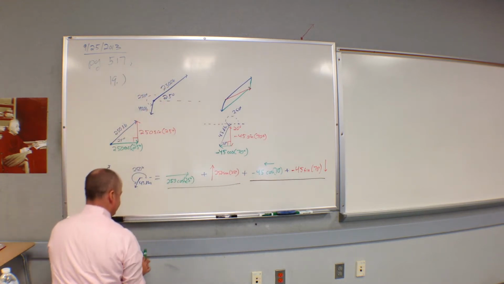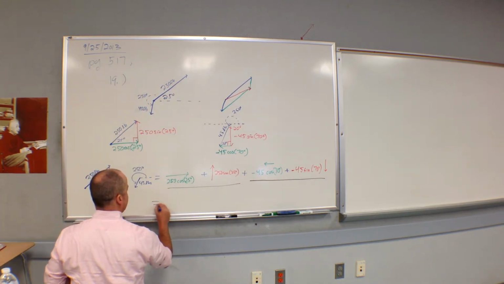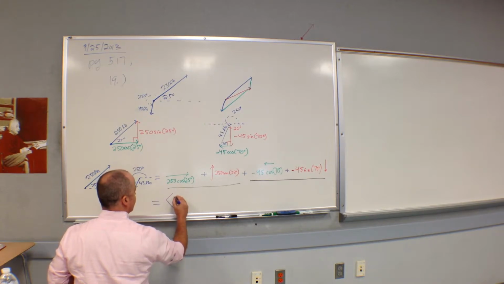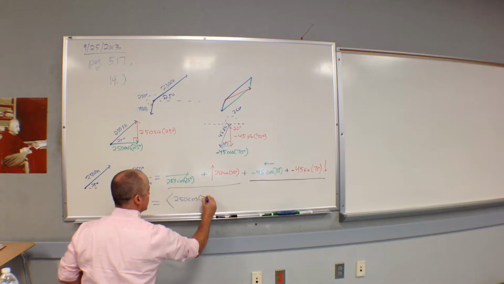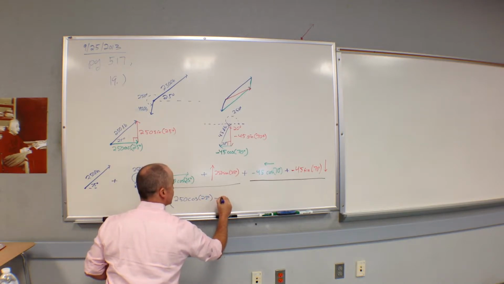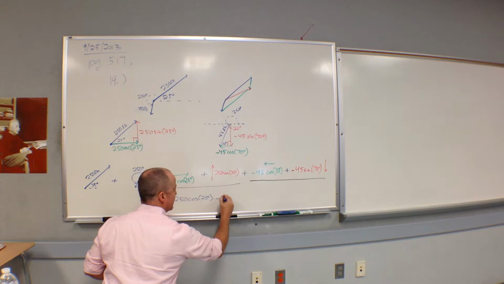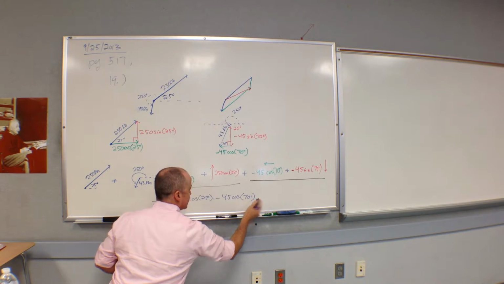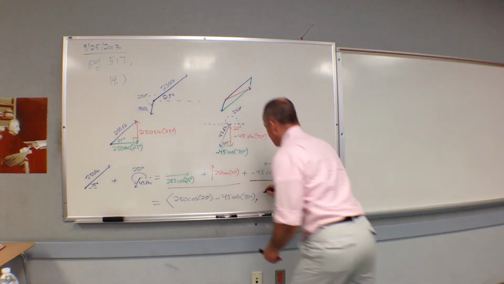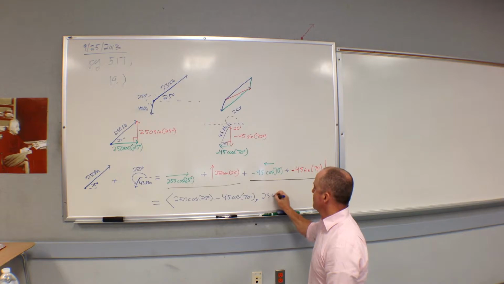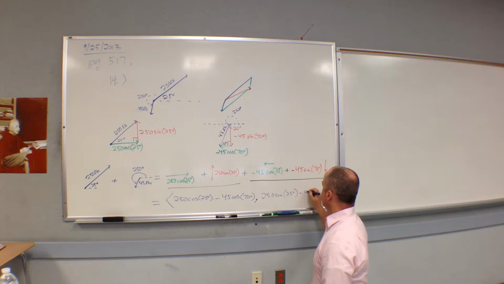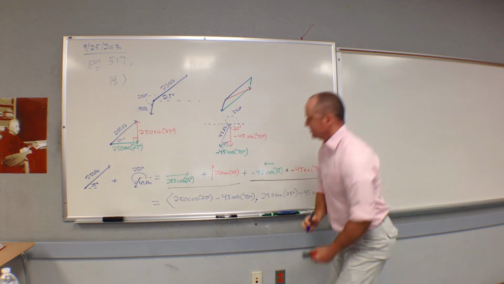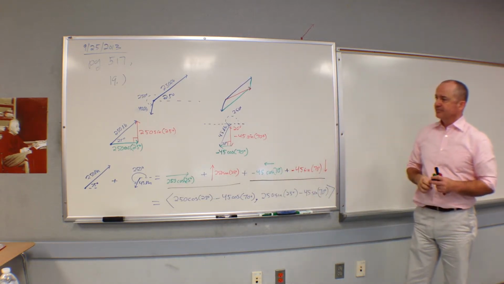So my final vector in vector notation is going to be horizontally 250 cosine 25 plus negative 45 cosine 70, comma, and then my vertical component is going to be 250 sine 25 minus 45 sine 70. And that's going to be how I would add those vectors.